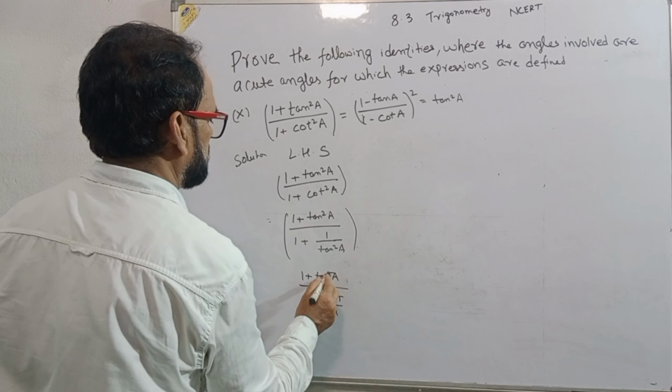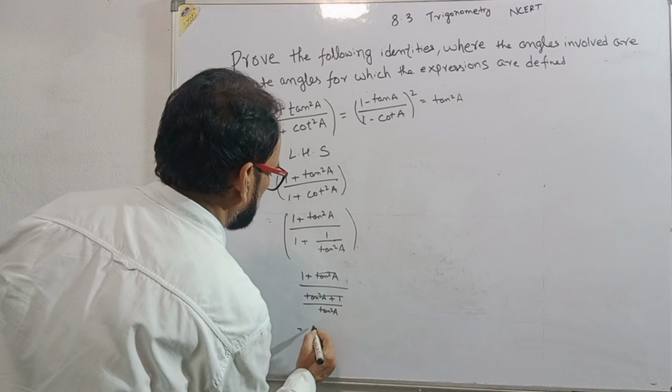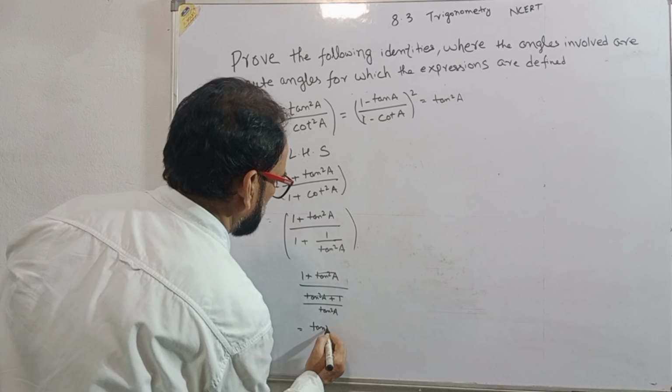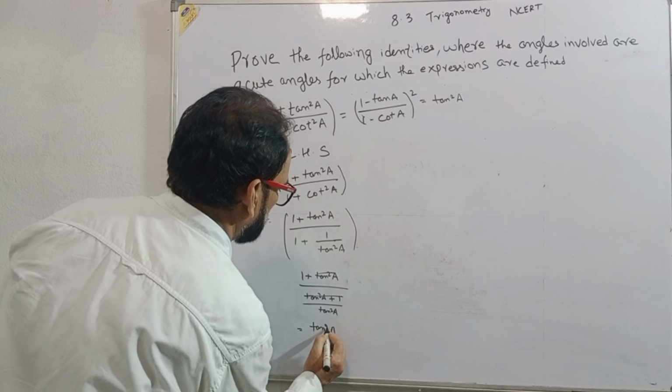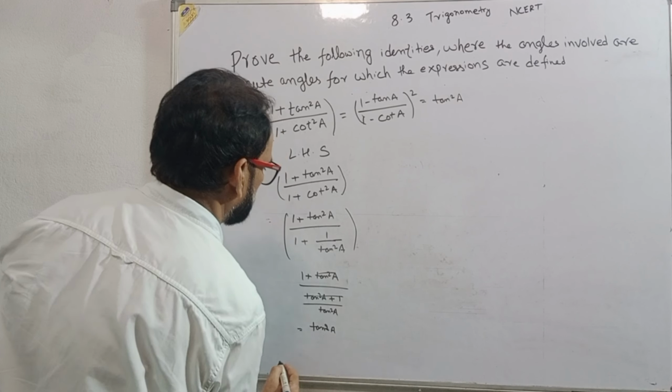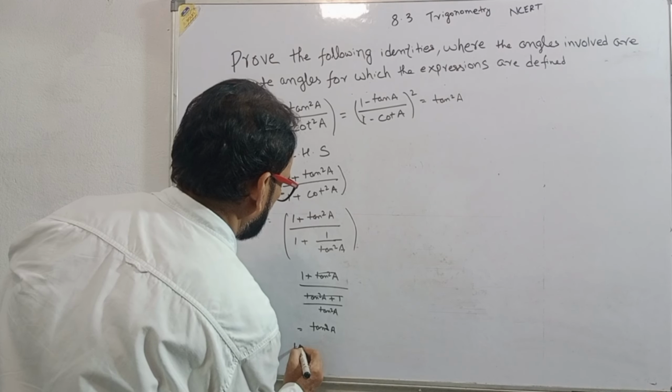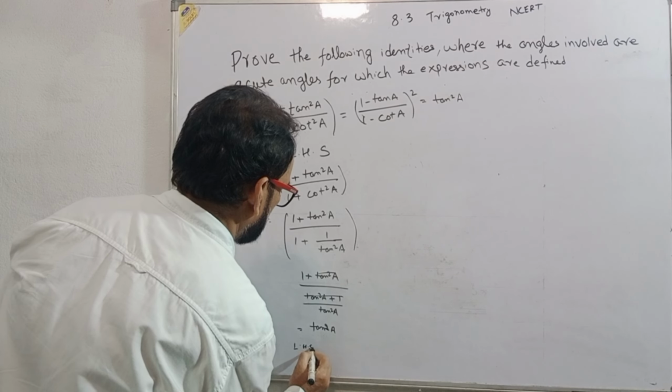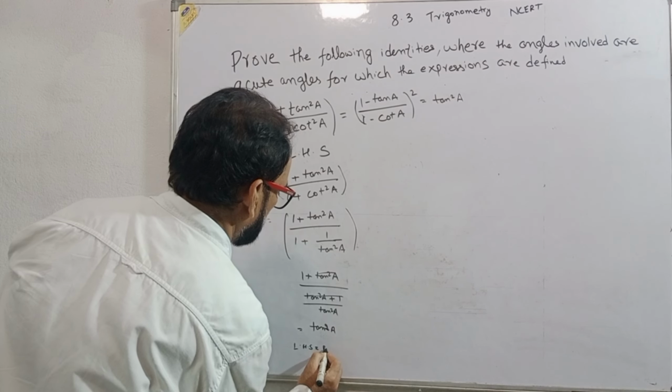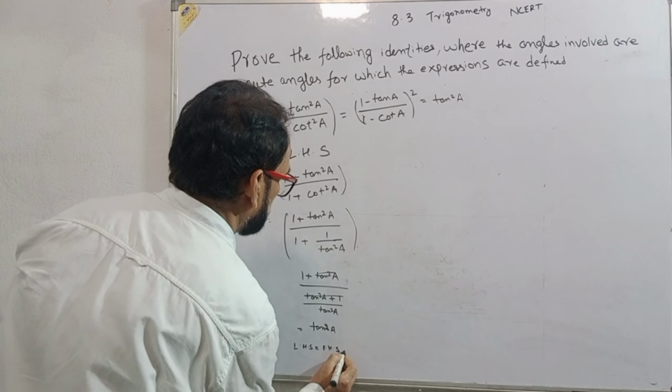Here this is cutting. Here tan square A. LHS equals RHS.